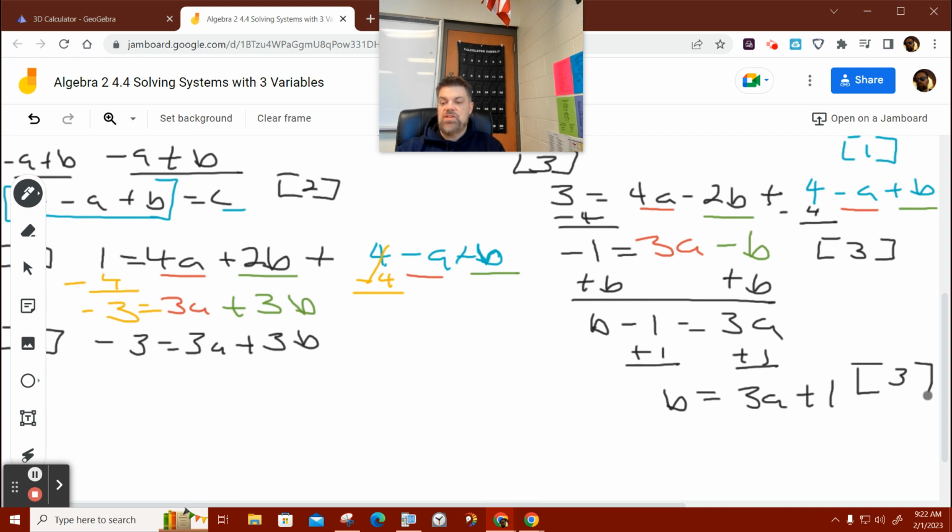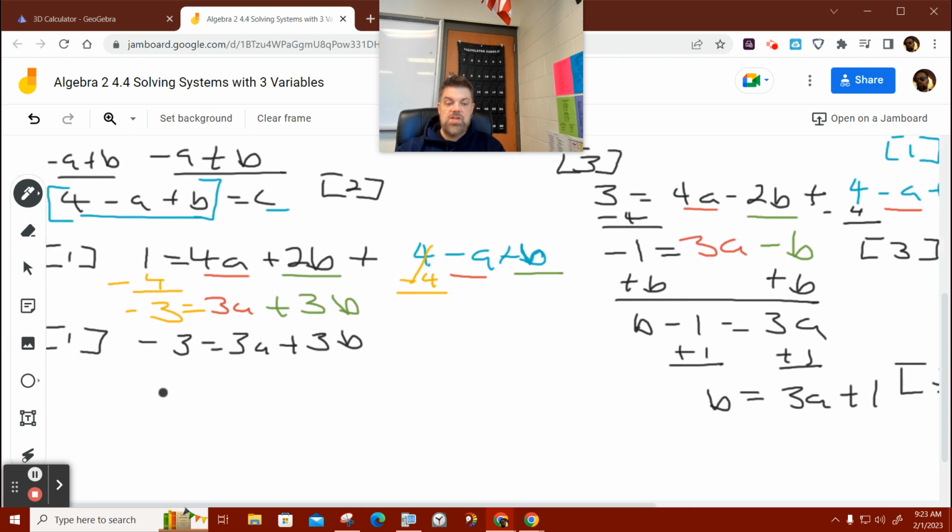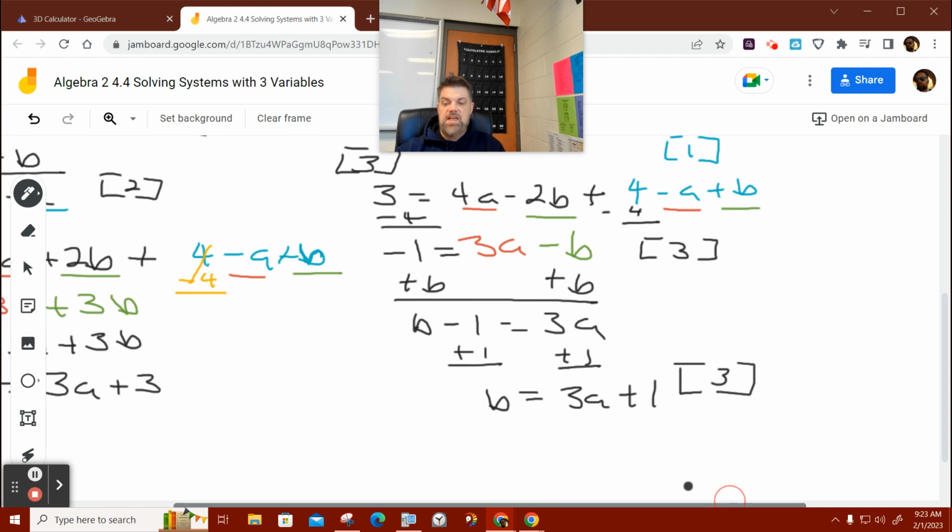That's still equation 3. Over here on equation 1, I'm going to take minus 3 equals 3 times A plus 3B, but over here, I have this equation that I've solved for B, right? So I'm going to take this whole thing, actually it's just this part, and plug that in for my B over here.